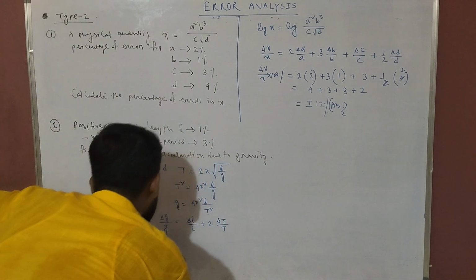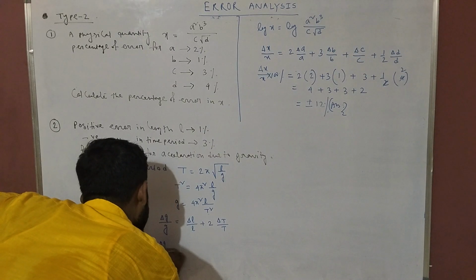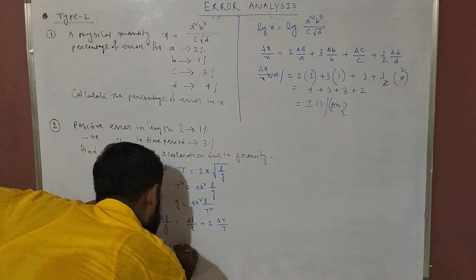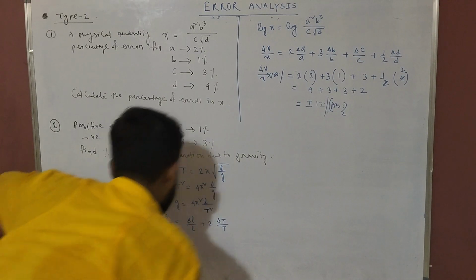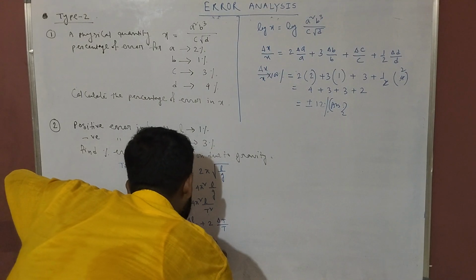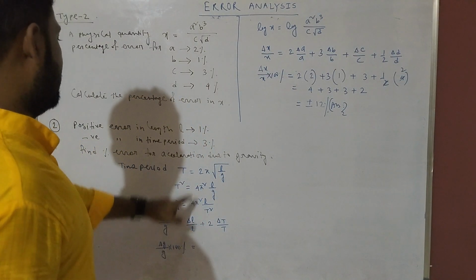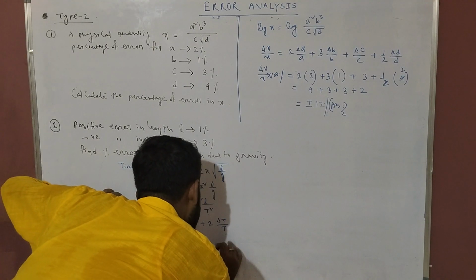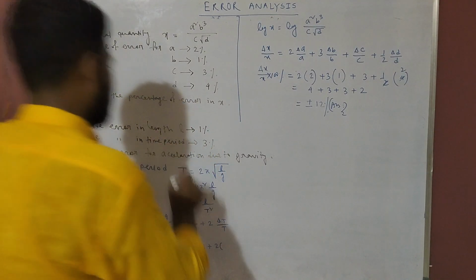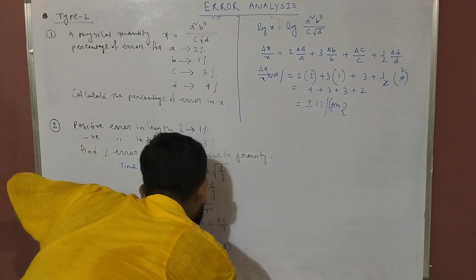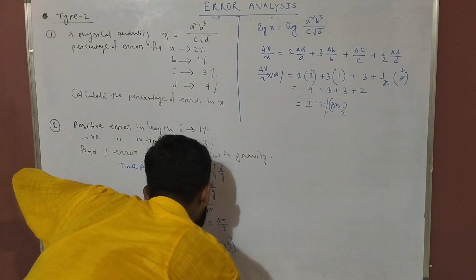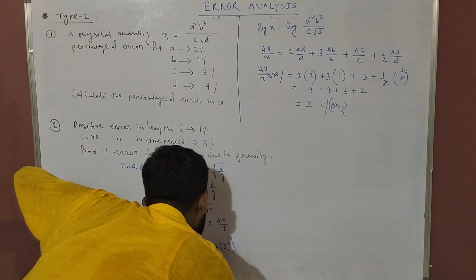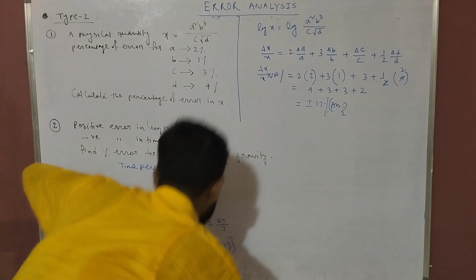Now del G by G into 100%: del L by L means 1, so 1 plus 2 into del T by T, 3, is plus minus 7%.